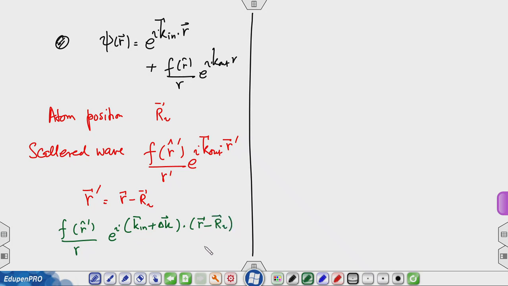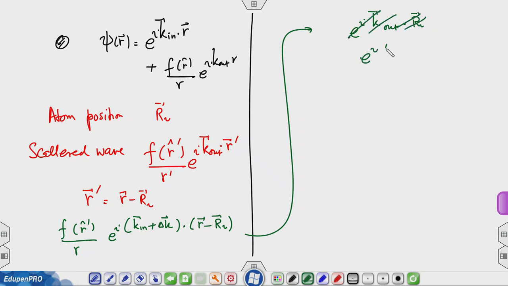And then I said this actually goes over to e raised to i k out dot r, and the phase picked up is e raised to i delta k dot r i.